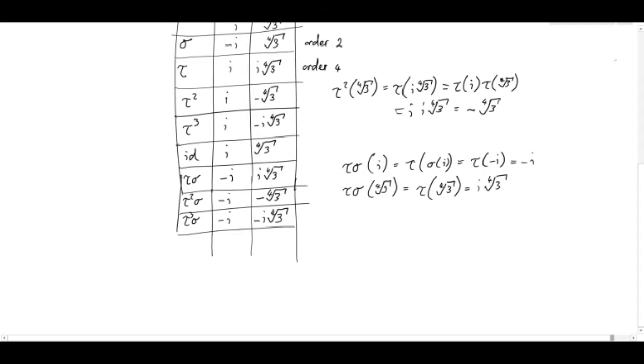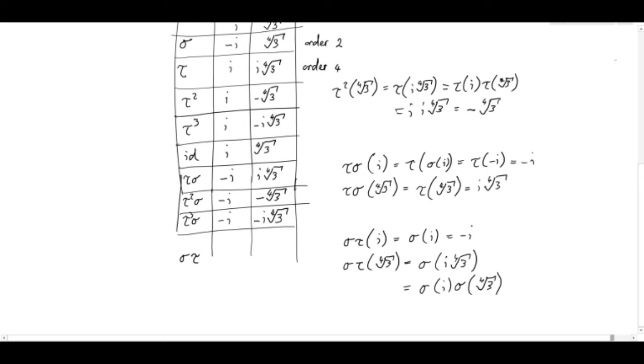What would happen if we reverse the order of sigma and tau? Let's see what happens if we were to work out sigma tau instead of tau sigma. Well, if it acts on i, tau acts trivially, so this is the same as sigma applied to i, so we end up with minus i. If we act on the fourth root of 3 instead, tau maps that to i times the fourth root of 3, because sigma is a homomorphism, same as sigma applied to i times sigma applied to the fourth root of 3.